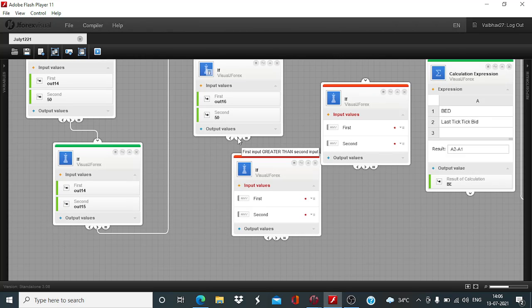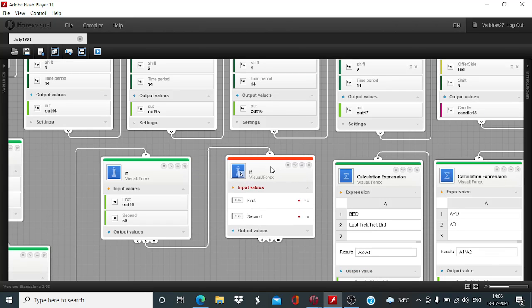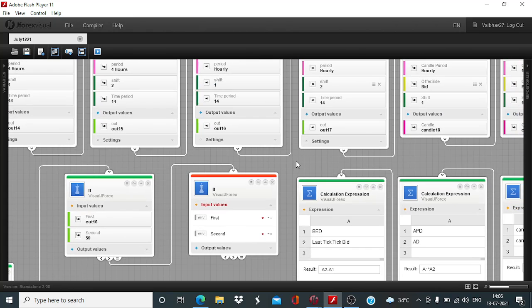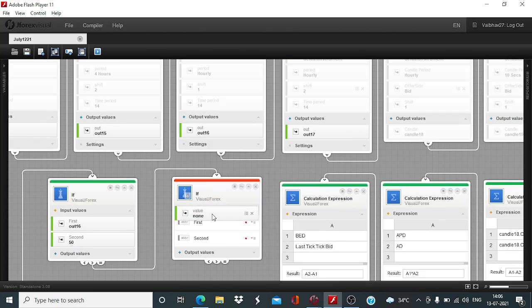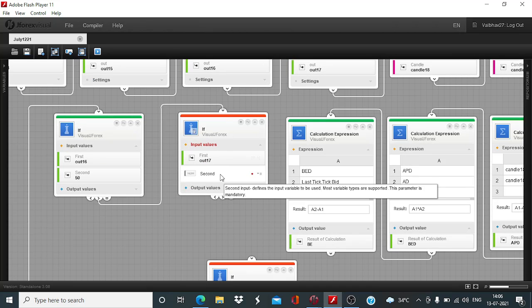First input greater than second input. And in this case, first input less than second input.